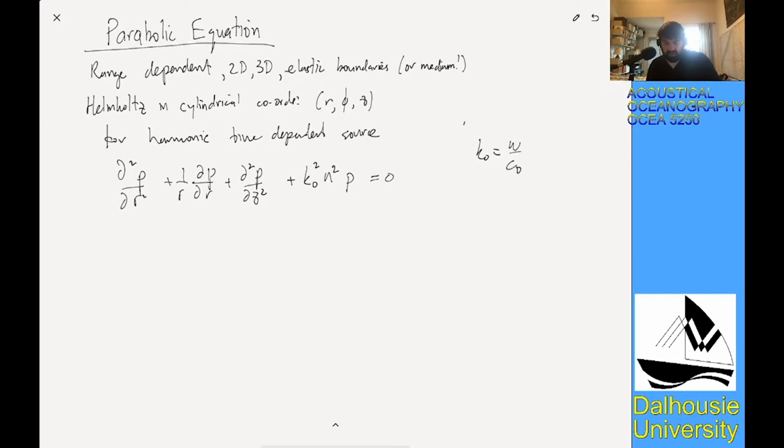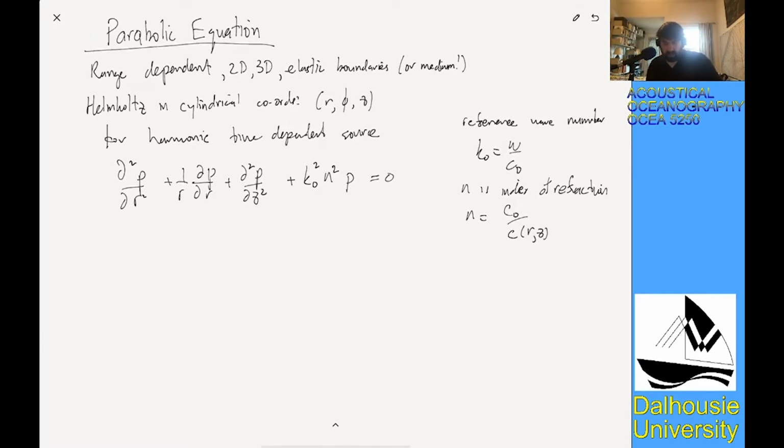So let me title this reference wave number. And n, of course, is going to remind you of earlier lectures, the index of refraction. And we'll define that as c naught over c of r, z, same way we would in optics.